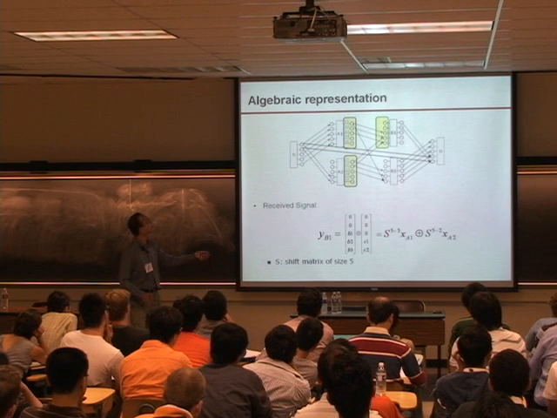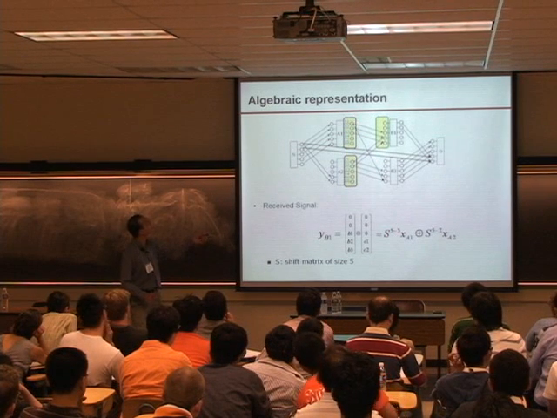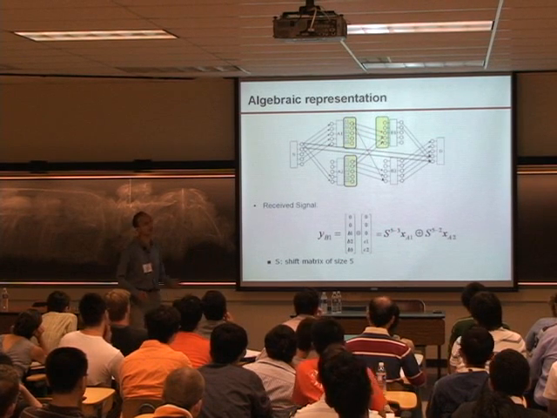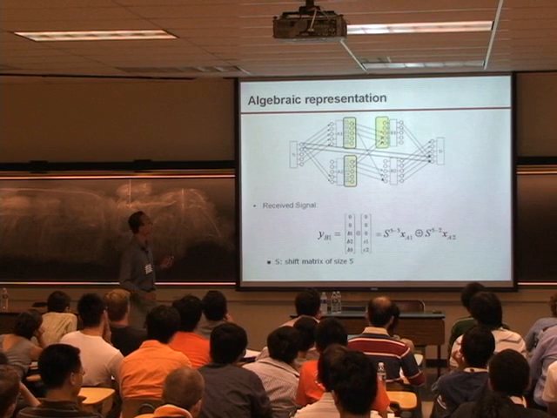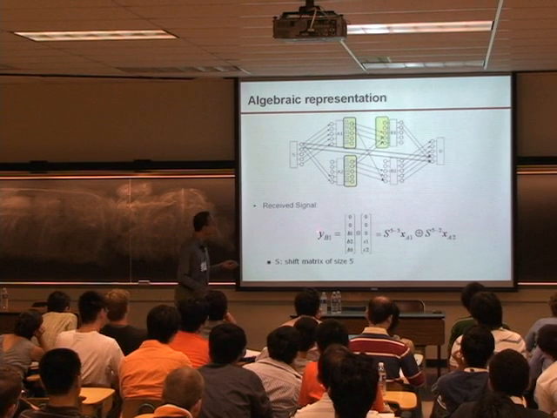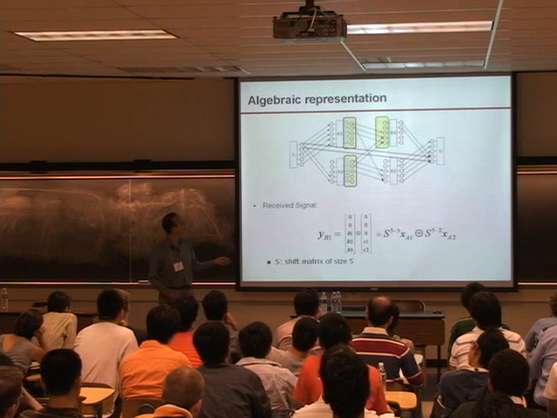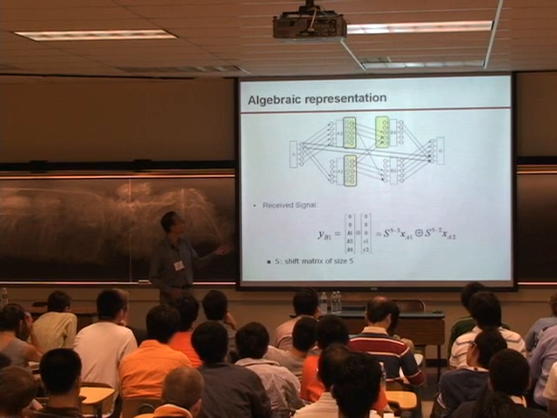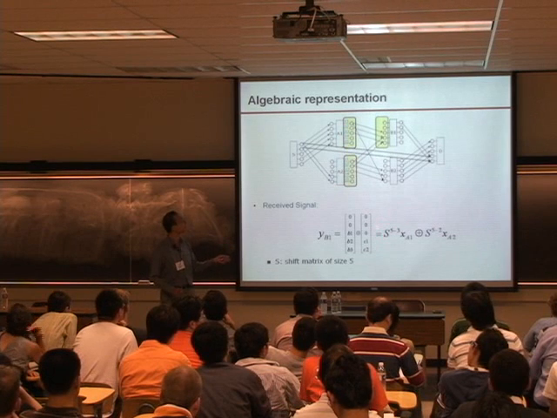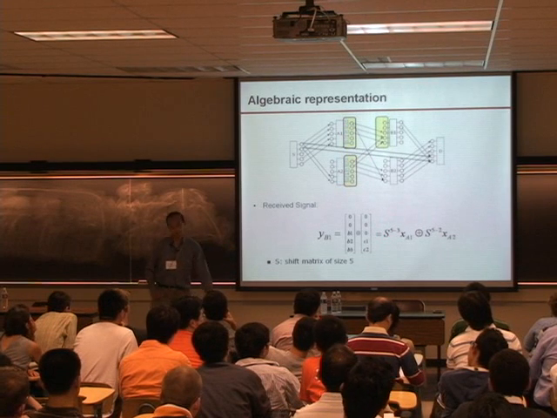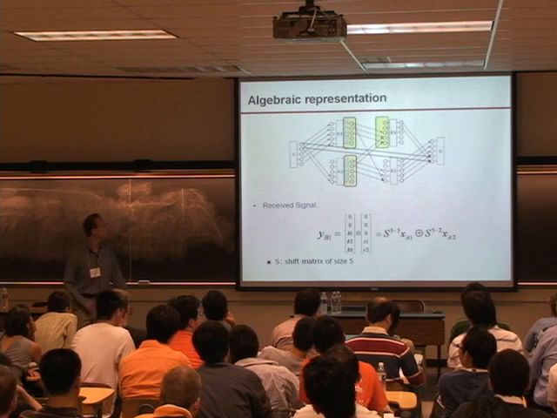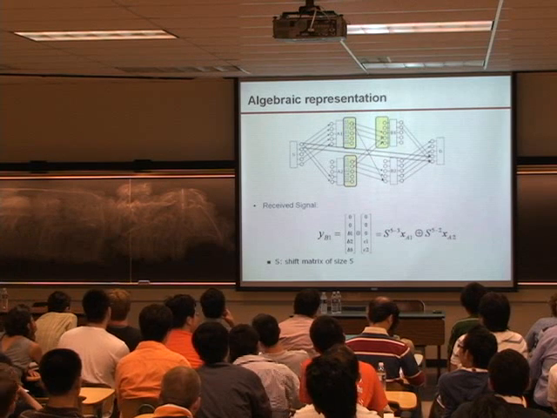So 5 is the total number of levels. 3 is the number of levels you see. The difference is the amount of shifts. Each receive signal is a superposition of the shifted transmit signals from each of the transmitters, A1, A2, a direct sum of each, modulo 2 sum between them. Okay, so this is the model.